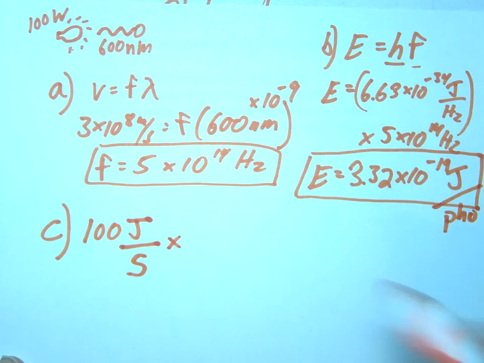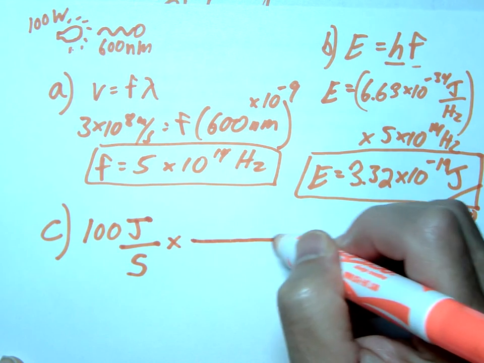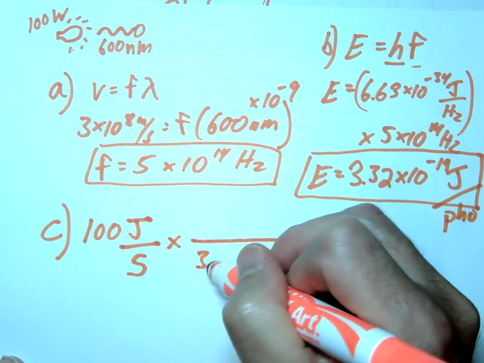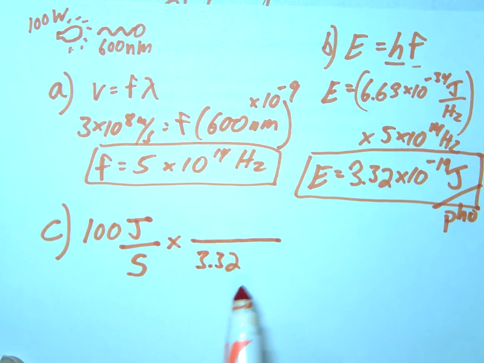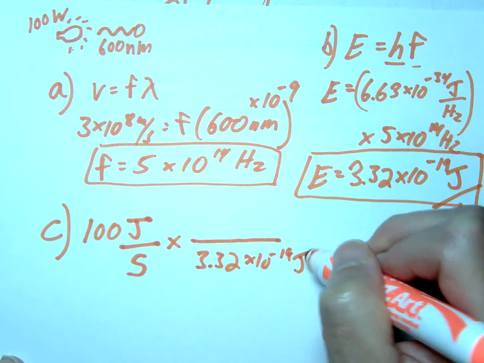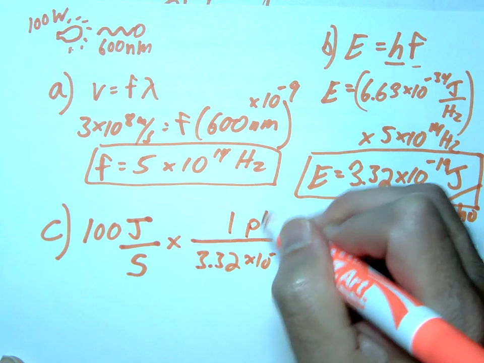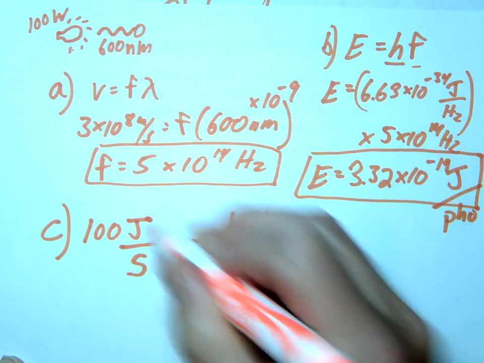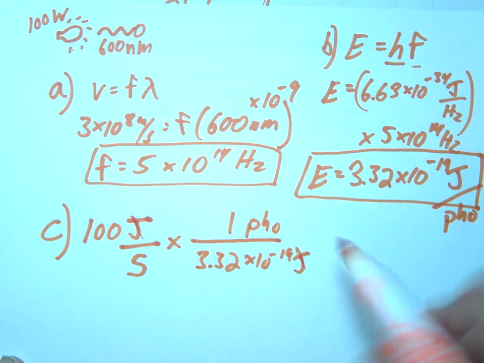So to calculate how many photons in 1 second, we're just going to use a simple dimensional analysis and say, well, this is 3.32 times 10 to the negative 19 joules per 1 photon. Alright, we're just going to simply divide by that amount.